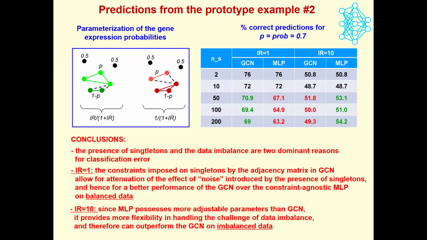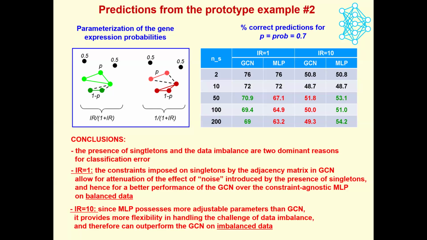So I have a follow-up question or comment. To me, it seems kind of an unfair comparison because the network assumes to know what the singletons are, right? Because you use that information to build your adjacency matrix. Whereas for the perceptron, you are not using that information.